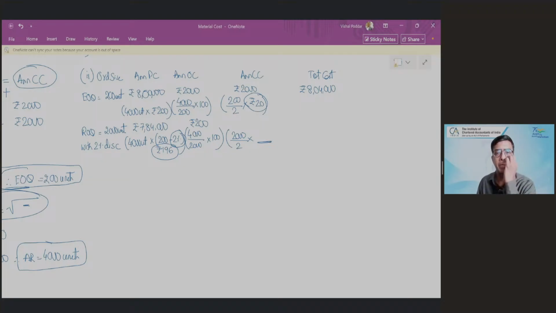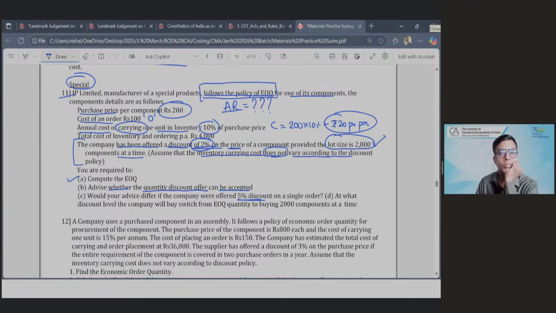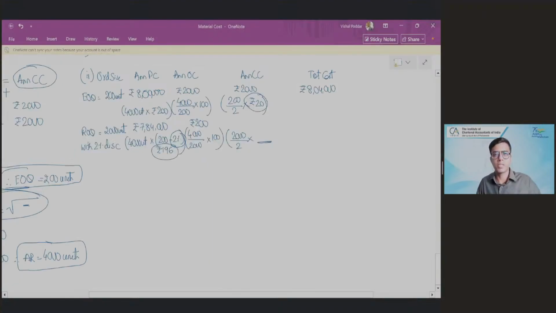What does the question say? Assume that inventory carrying cost does not vary according to discount. Now, since this is a specific instruction, I will take this as 20. This is what you have to check in case of discount sums, whether carrying cost has to be also reduced, has to be also discounted. Here, it is not required to be discounted.